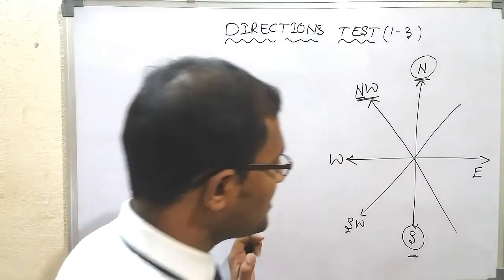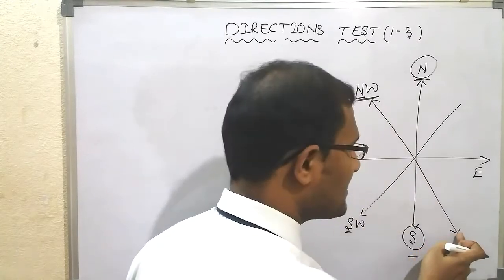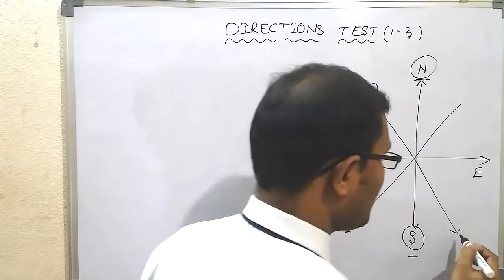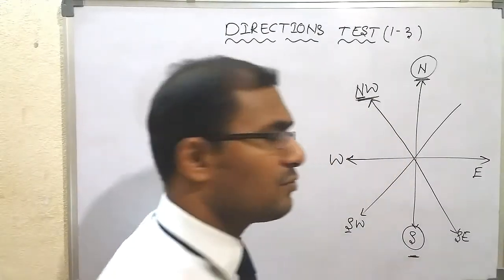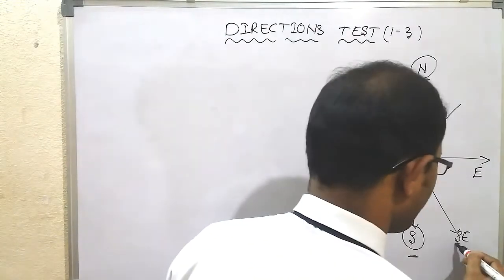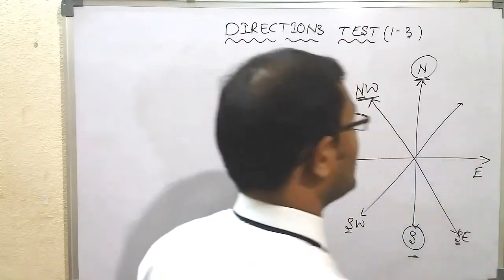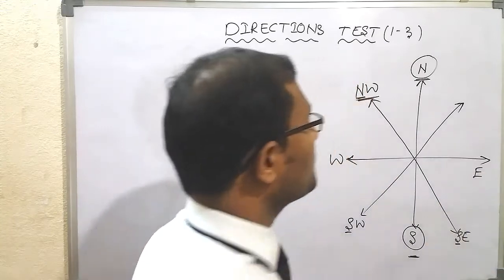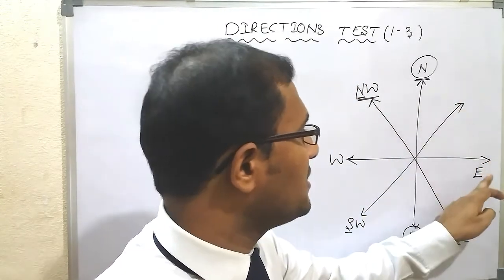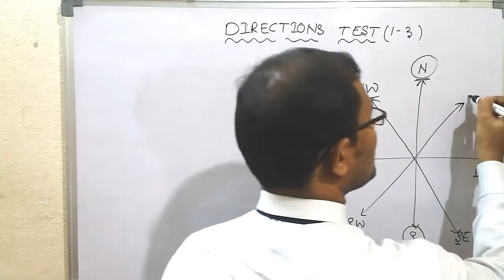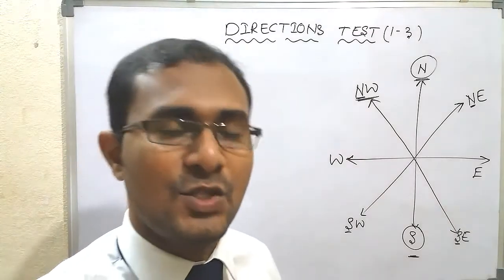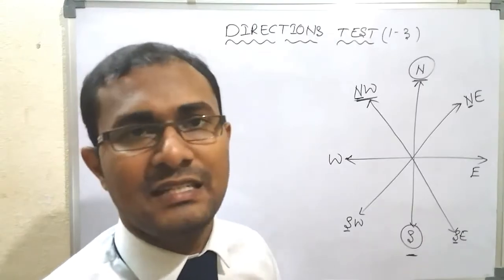Now another line: as this line is in between south and east, we have to call it southeast, not east south. Next, this line is in between north and east, so we call this direction northeast, but not east north. Just simply remember.